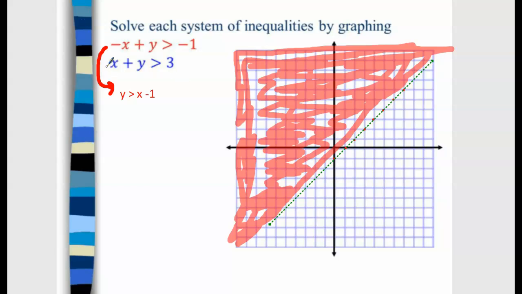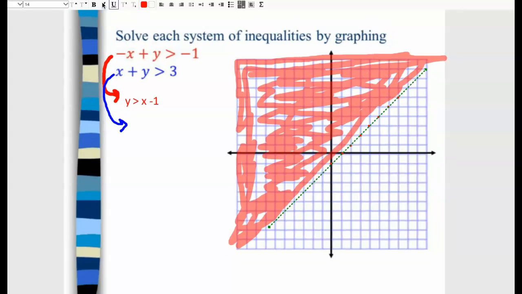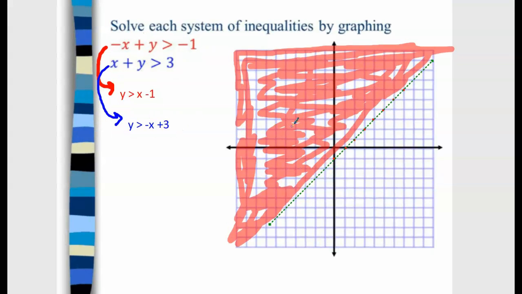For your next line, we're going to graph the blue. So once again, we're going to move the x to the other side. So I have y greater than negative x plus 3. Plotting my y-intercept of positive 3.